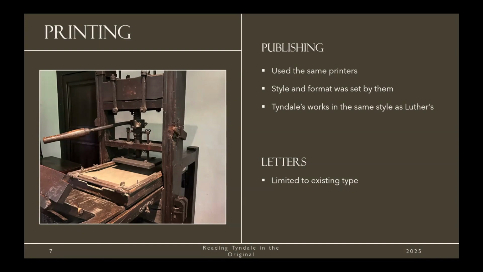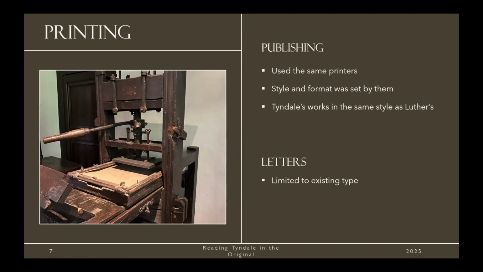In fact, any other books they printed were using the same set of letters and sometimes the same woodcuts. So what we see in the Tyndale New Testament is not necessarily how Tyndale chose to present it, because the presentation is very similar to Luther's New Testament. These were already existing templates that he was using. What was unique to Tyndale was the content, not the layout.